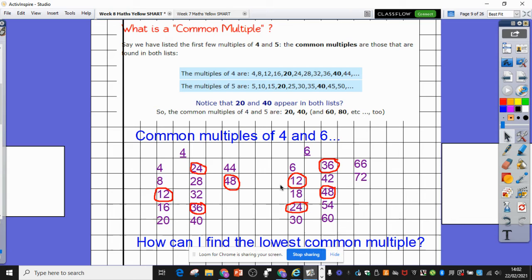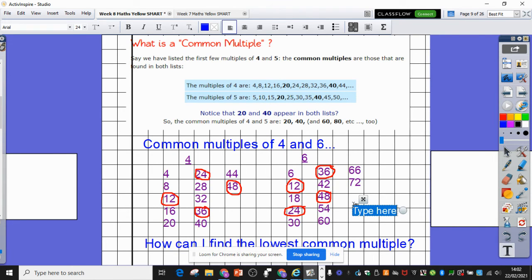And the lowest one in both is 12. So my lowest common multiple, and the way we write this to save us writing lowest common multiple in full all the time, is LCM equals 12. So I know the lowest common multiple of 4 and 6 equals 12. And that's my answer.